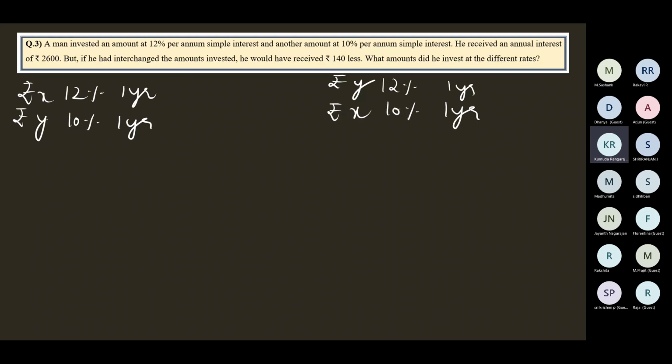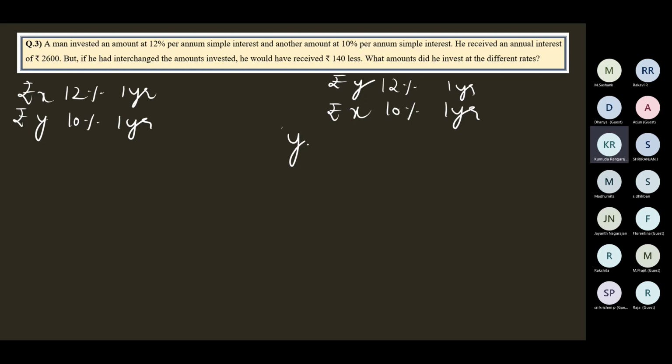If he had interchanged the amounts invested, he would have received rupees 140 less. So what is the interest? 2600 minus 140.